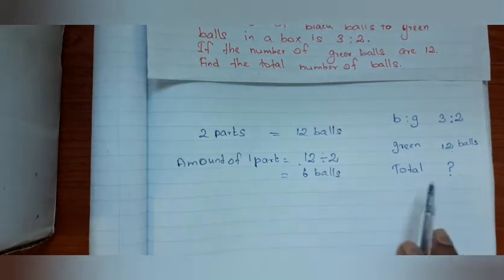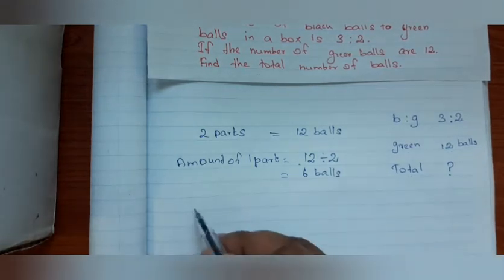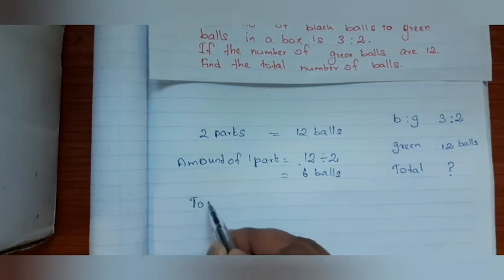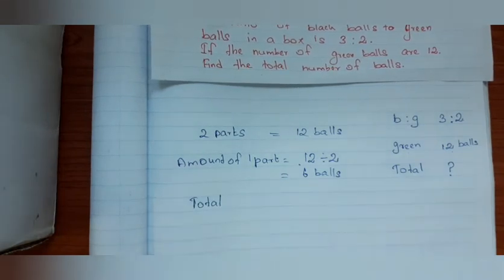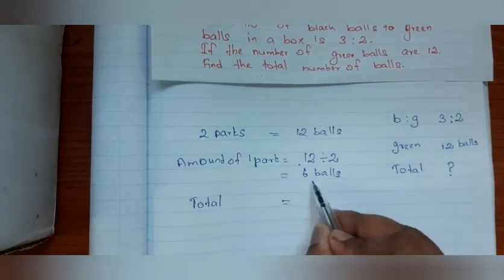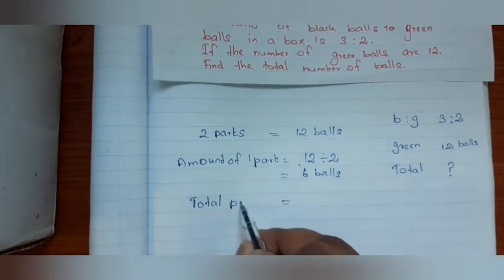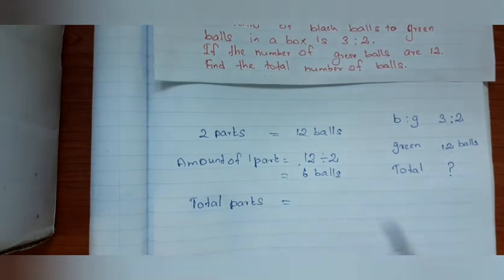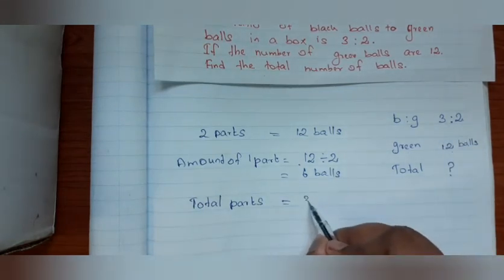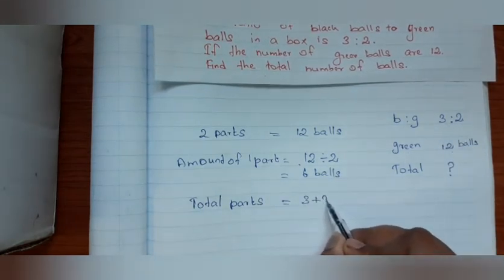Now it's easy to find the total number of parts. So what I've been asked is total. So 1 part is 6 balls. So for the total, first we will find total parts. Total parts is 3 plus 2.